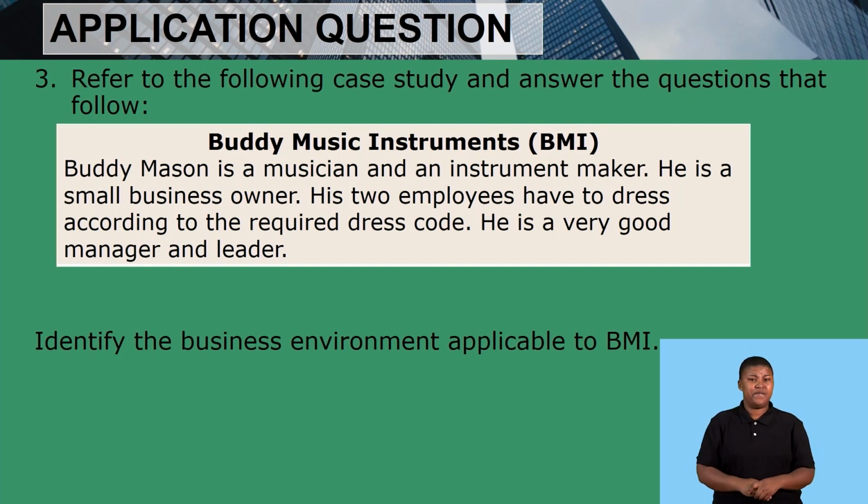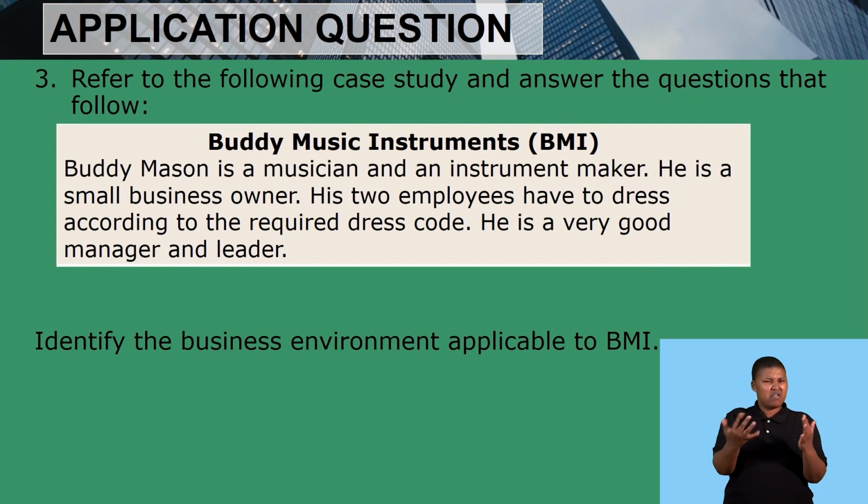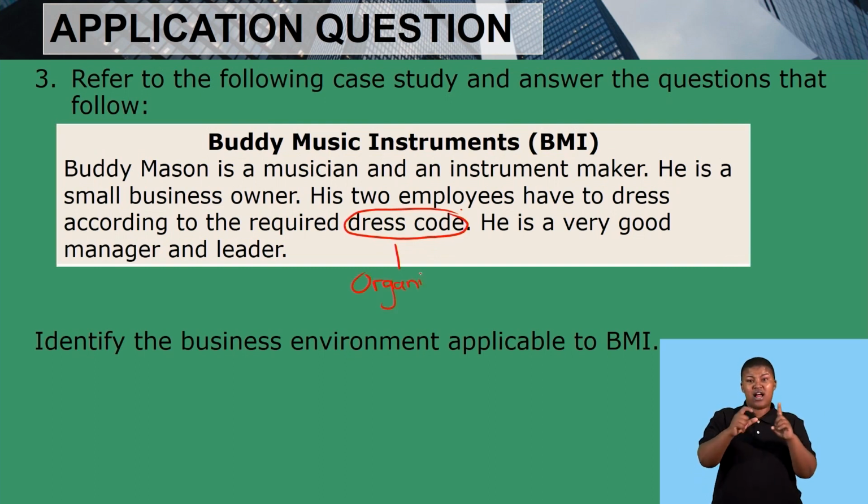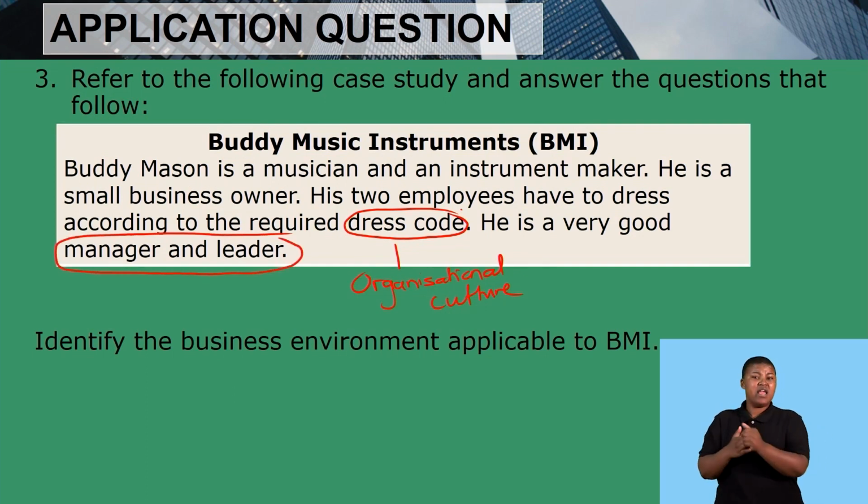Now when we look at the scenario, or the case study rather, we see that they refer firstly to the dress code. Now if you can remember, the dress code is part of our organizational culture. Okay, and then they also refer to manager and leader, which is management and leadership. And these are both in the micro environment.